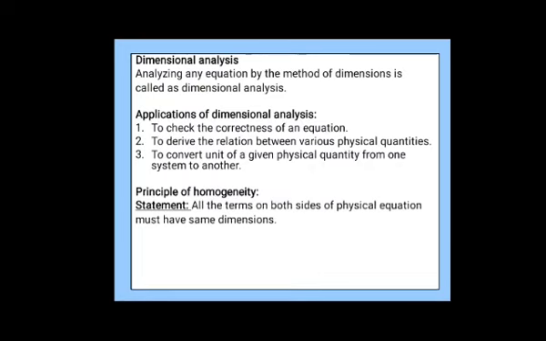Means what? When you see the equation, LHS part and RHS part will be there, left side and right side. So the terms which are in left side, the same dimensions must be there in the RHS part. Means what? LHS must be equal to RHS we should get after writing the dimensional formula.